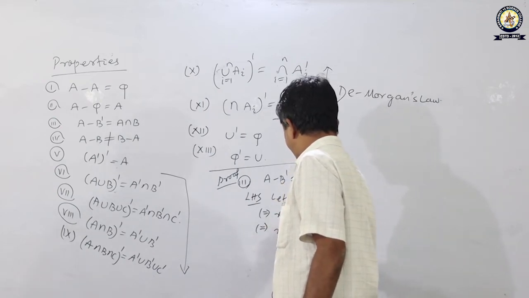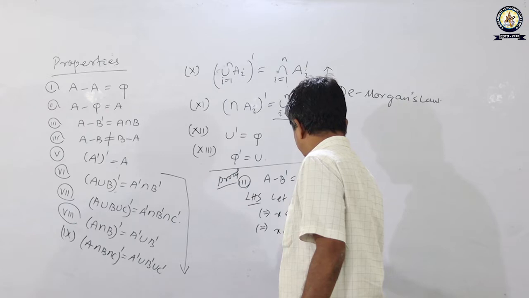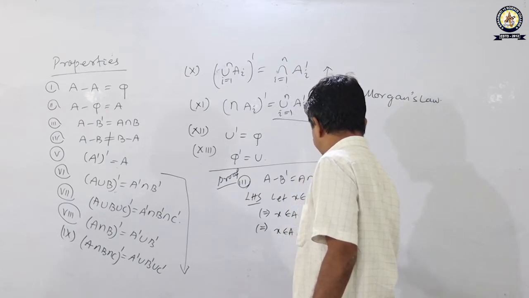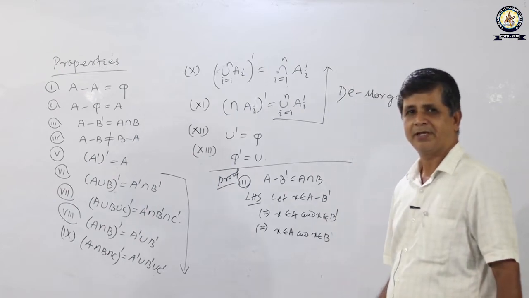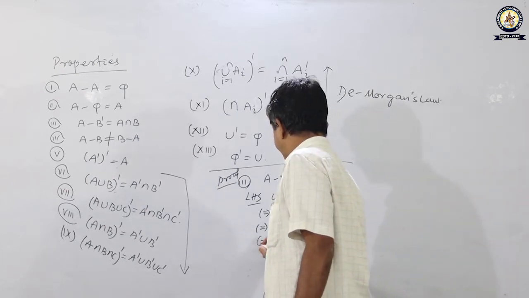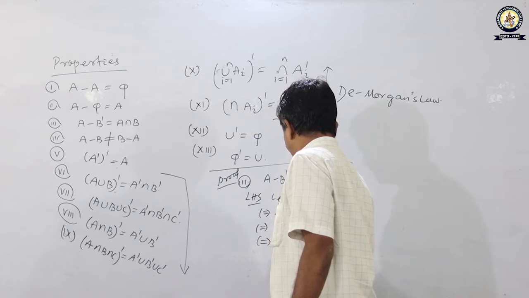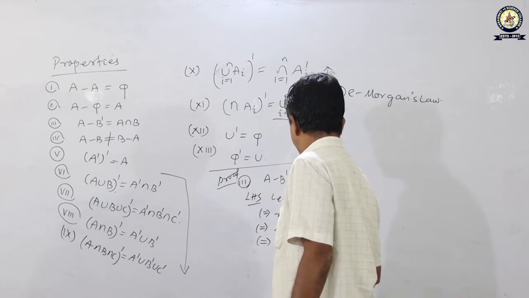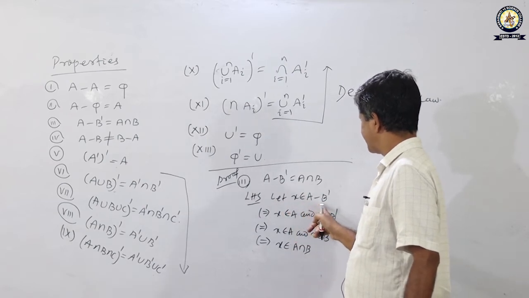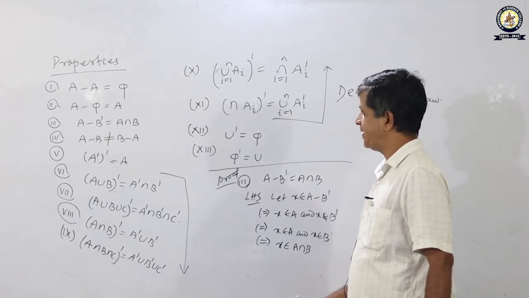Implies and implied by X belongs to A and X belongs to B. If it is not in B dash, then it must be in B. X belongs to A and X belongs to B means X belongs to A intersection B. So, we proved A difference B dash is equal to A intersection B.